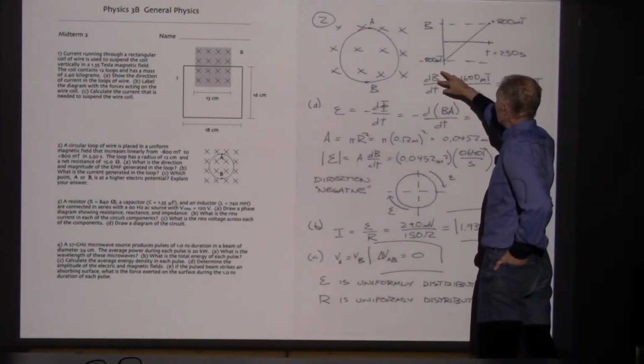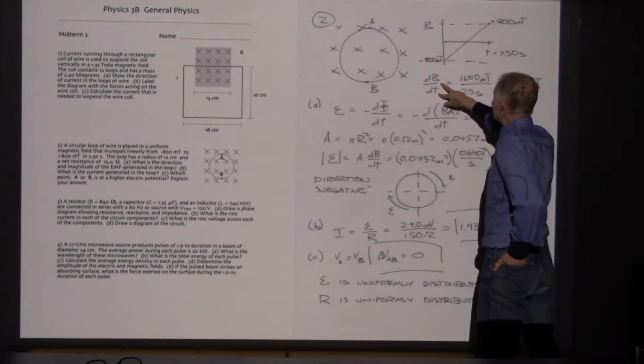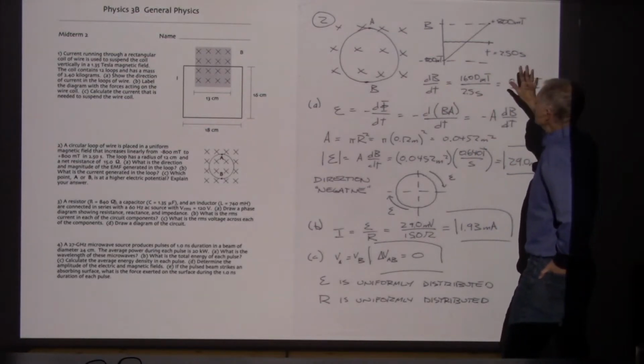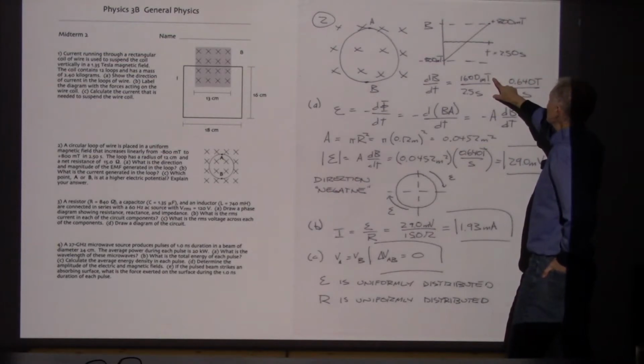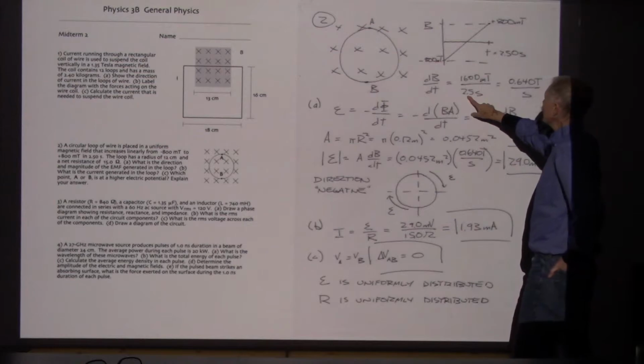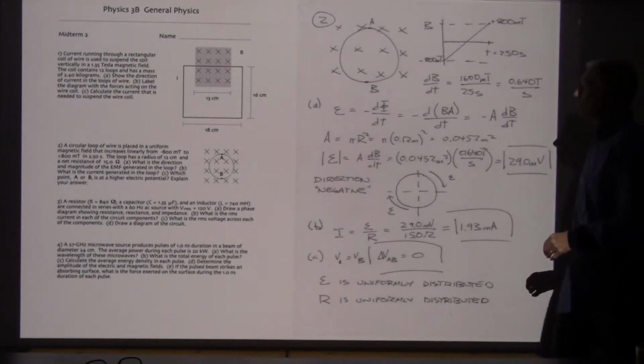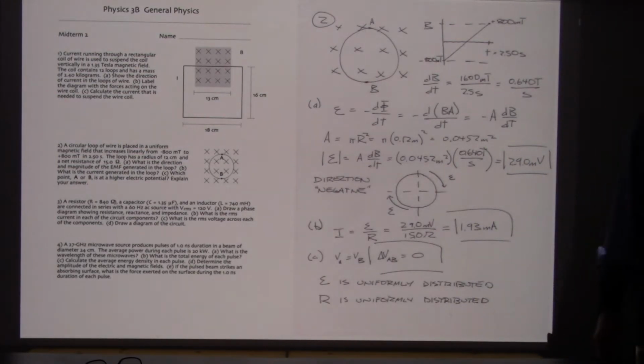The net change in the magnetic field is 1600 millitesla, and that happens during an interval of 2.5 seconds at a fixed rate. And so dB dt becomes 0.640 Tesla per second.